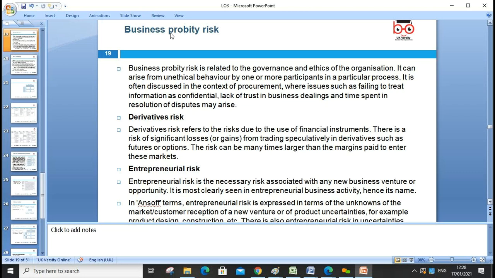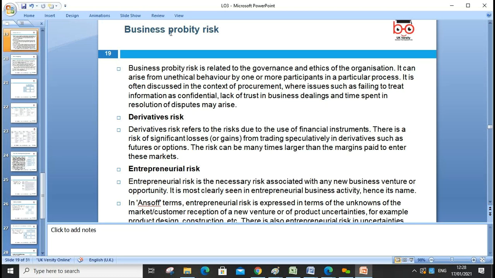Derivative risk: yes, this refers to the risk due to the use of an instrument. There is a risk of significant loss or gain. So we need to think about the various financial options. Entrepreneurial risk: a business can be associated with many new business venture opportunities.